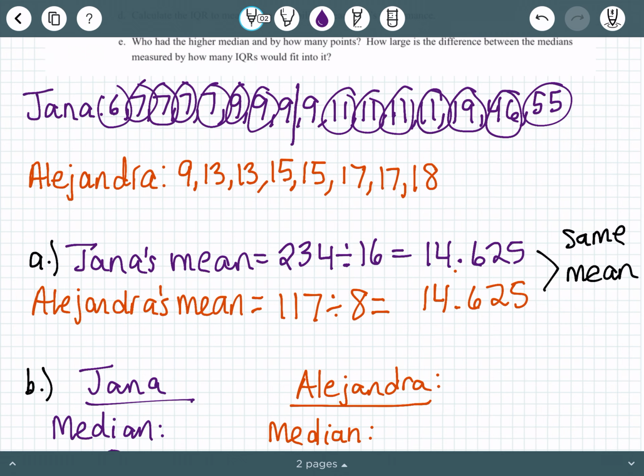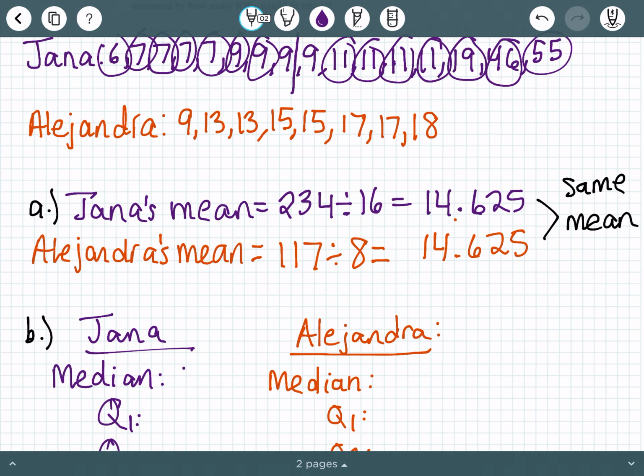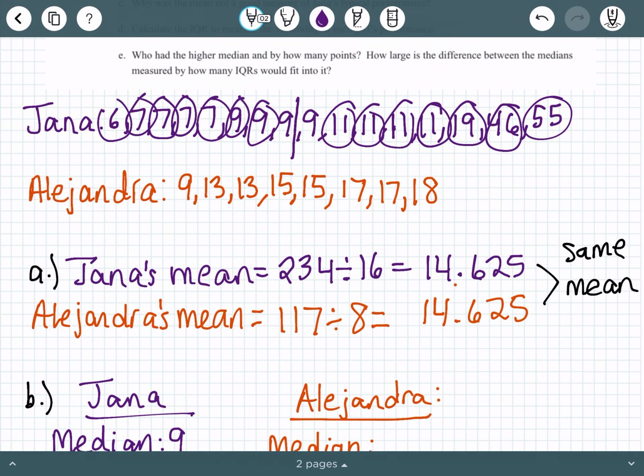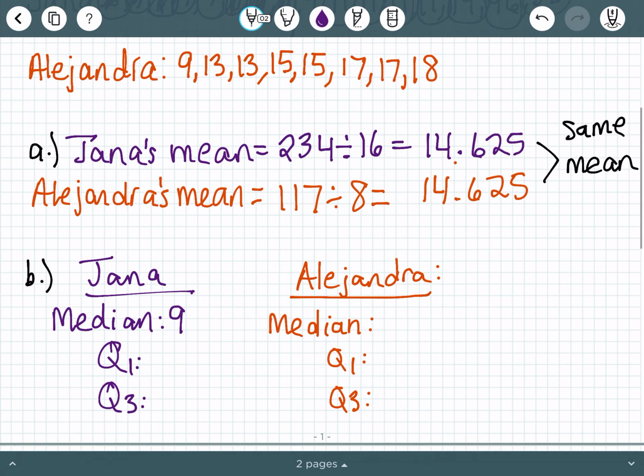So Jana is going to have a median of 9. And the first quartile is going to be the center of this lower end of the median. So let's see. Looks like it's between 7 and 7, so the average there is going to be 7.